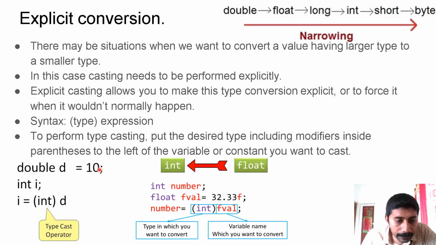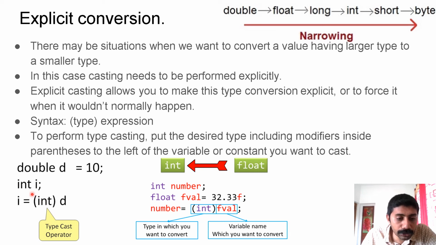double d equal to 10. I want to store this d into an int variable i. I know I'm storing 10 only, so technically there is no data loss, because as a programmer I know I have stored 10 only in d, and the integer can also store the same value. But from the compiler's viewpoint, you are storing a value which occupies 8 bytes into a variable having only 4 bytes.